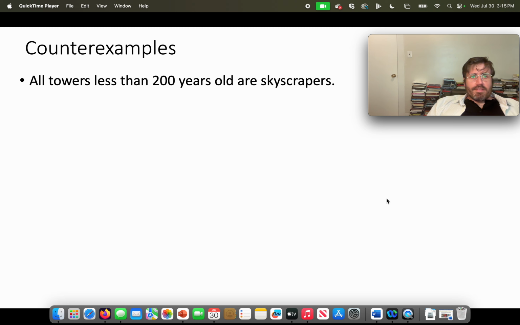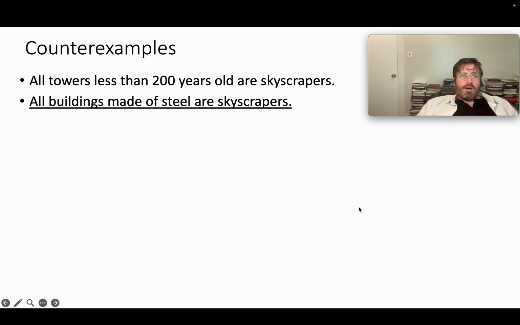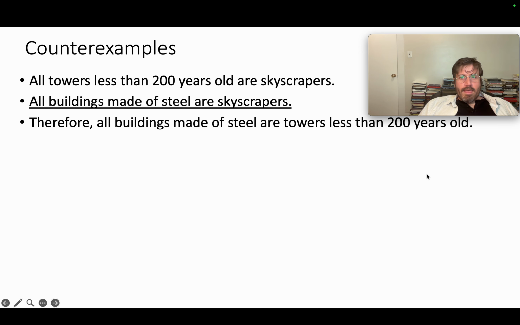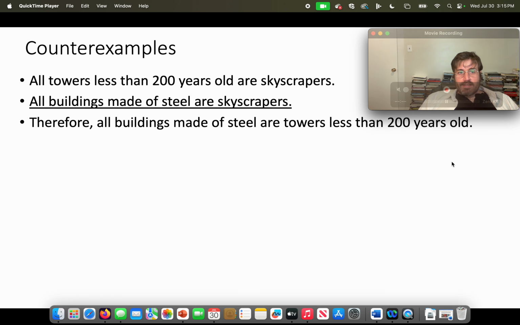If I have a statement like this, all towers less than 200 years old are skyscrapers. And then I have premise 2, a sentence like this, all buildings made of steel are skyscrapers. And now we have this horizontal line, so a conclusion is coming. And I have a conclusion like this.